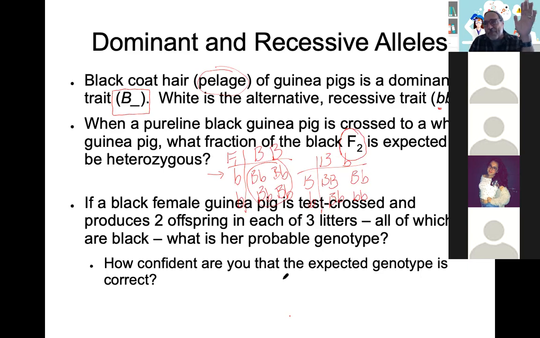Heck, it confused me the first time I did it. I'm like, why would you not ask me about the F1? The answer is, in all of the genetics problems that have ever been done, they just immediately tell you the inheritance pattern, and then they assume you're going to know to do the F1 cross, and then go ahead and do the F2 cross.